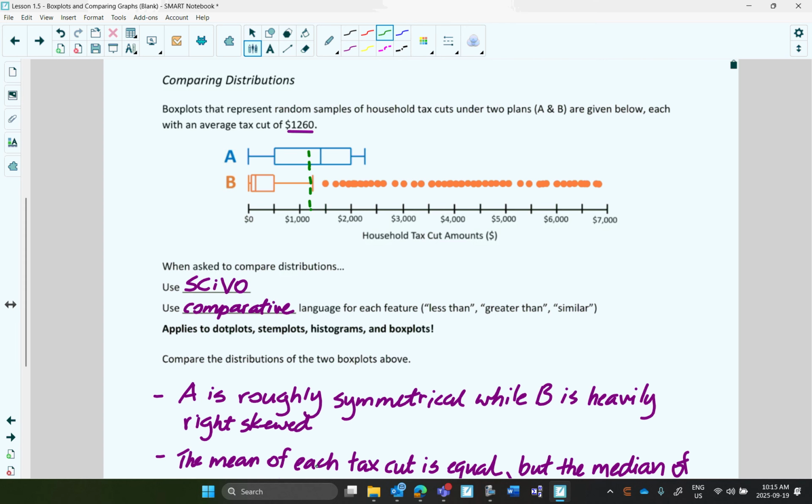You would think that the mean of B would be small, but what's pulling the mean up? All these, right? Because the tail is pulling the mean up. Here it's roughly symmetrical, so the mean is about in the middle of the distribution. But here, even though the median's over here, the mean is way to the right because these outliers are pulling it up.